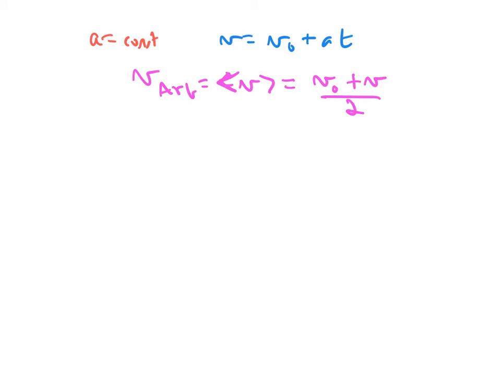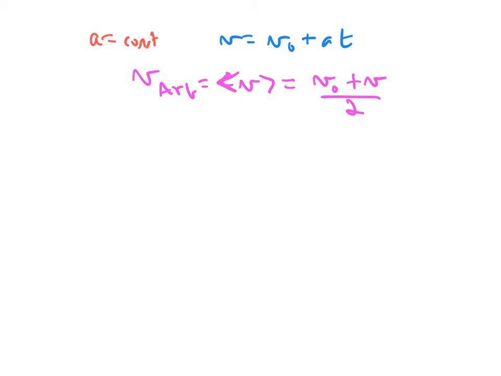So for instance, if I had started off at 10 meters per second and I ended going at 50 meters per second, then my mean velocity is just 10 meters per second plus 50 meters per second all over 2, or 30 meters per second, i.e. it lies halfway between the 10 and the 50.